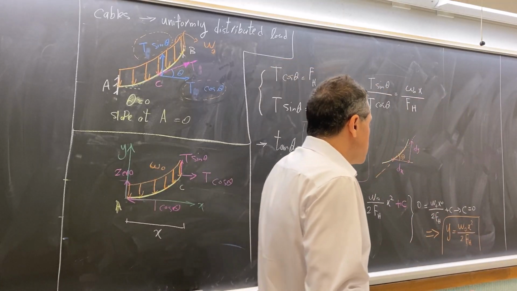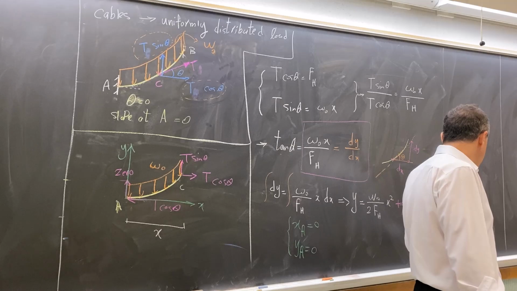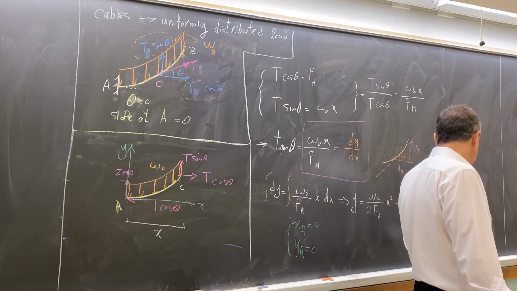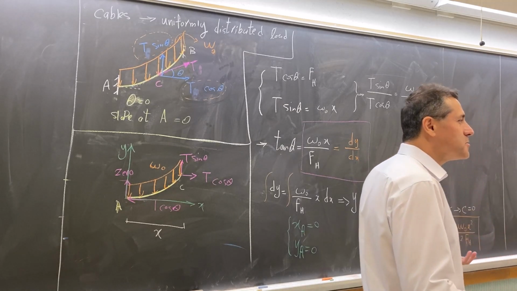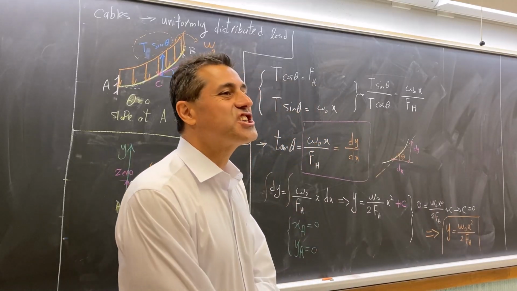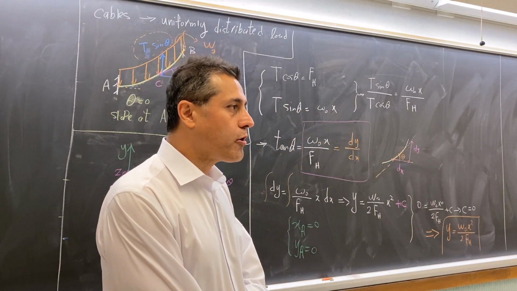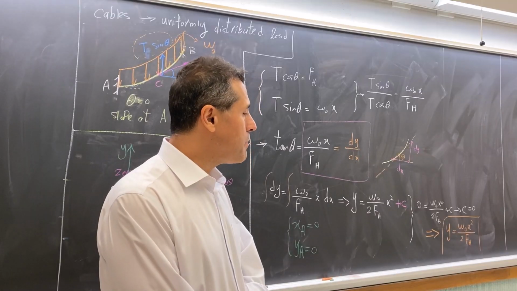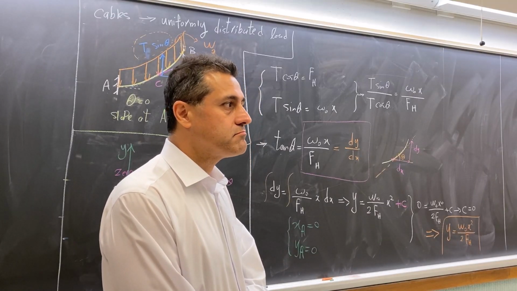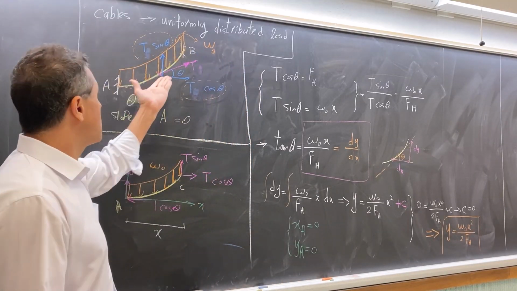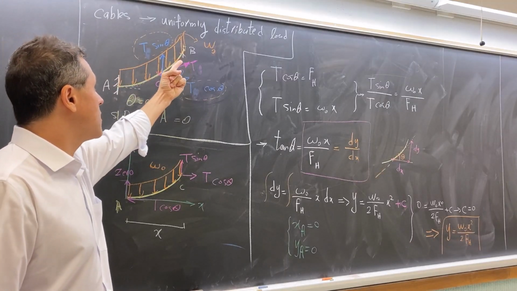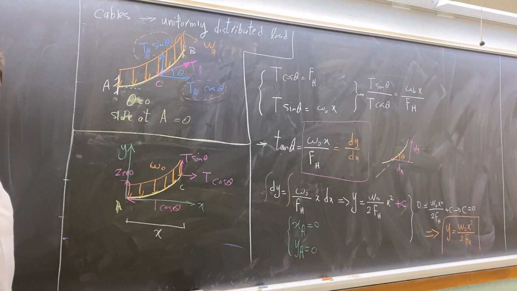And then, once you have W and FH, you have the relation between Y and X. So that is the shape of your arc. And you can see this is a parabolic curve, and we are expecting to have a parabolic function for this arc. So this function is used in many of the problems.